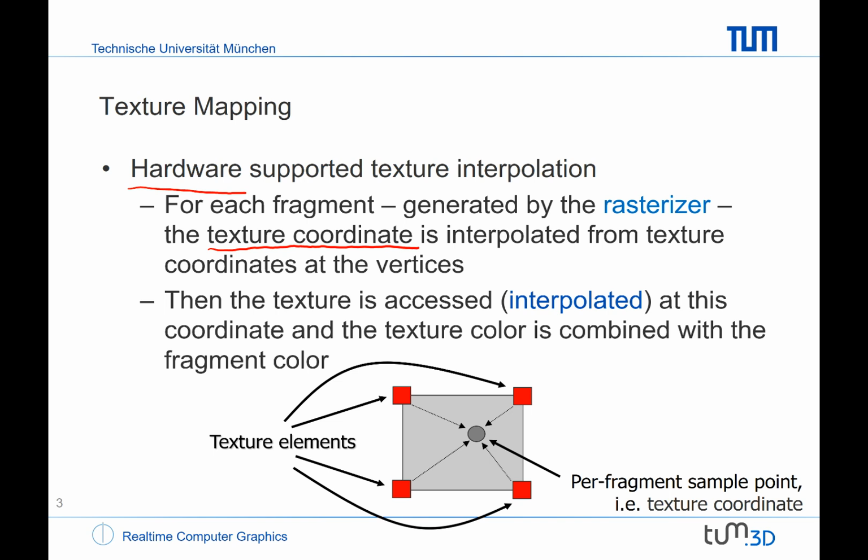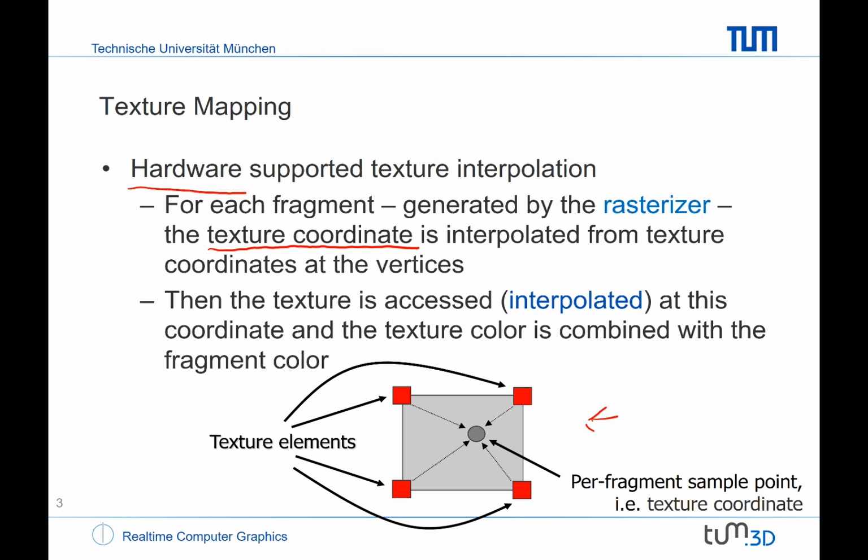And then in the pixel shader stage, for every fragment, by using the interpolated texture coordinate, the texture is evaluated or looked up at that coordinate. That is what we see here in that illustration. Let us assume that we have a 2x2 texture map.